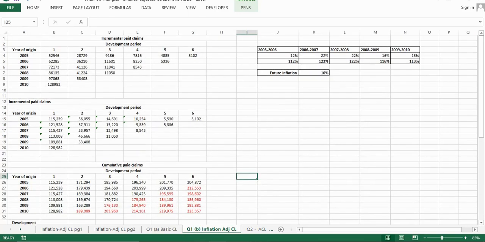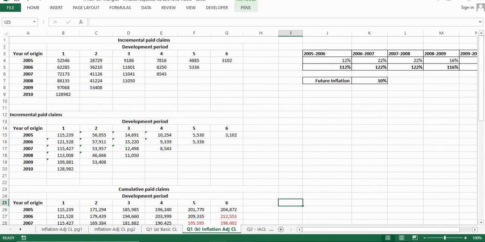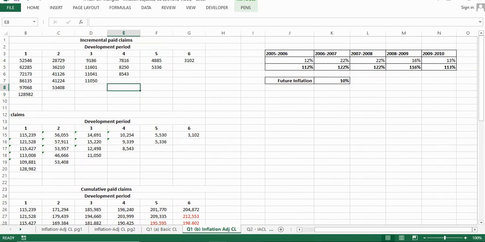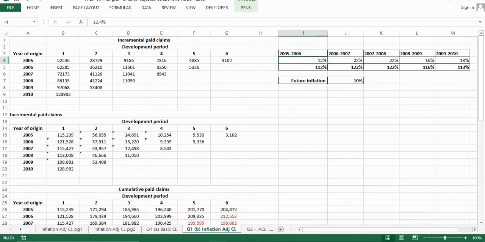So now let's move on to the inflation adjusted method. So these are the same data set that we've used previously, but now we are provided with this data set. You have the inflation rates which correspond to from 2005 to 2006. So if we have a value in 2005, you may uplift that value to the year 2006.